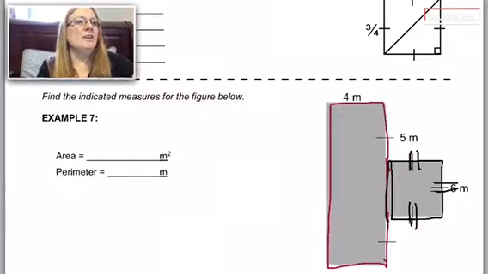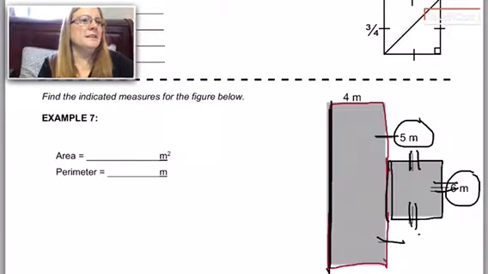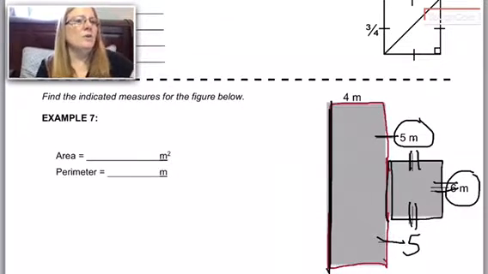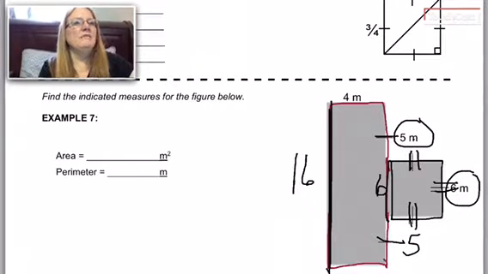I'm going to find the length of this side by looking over here and adding 5 and 6. This shows one mark here and one mark here, so that one is also 5. So the whole length over here is 16, which means this missing piece over here has to be 6. So we have a square here, and we have a rectangle here.